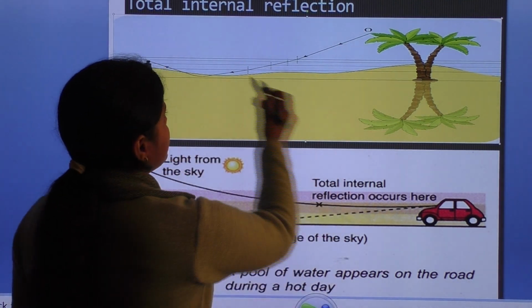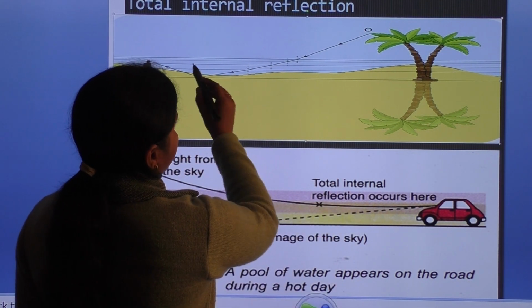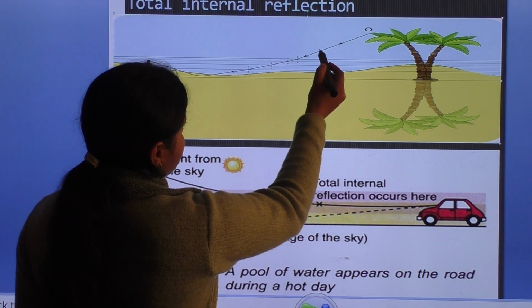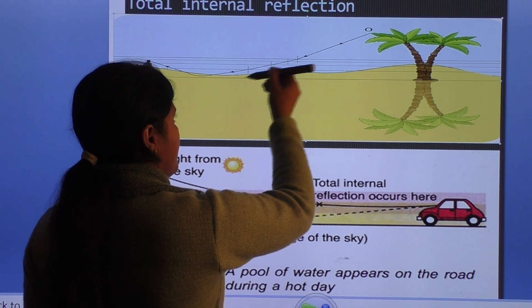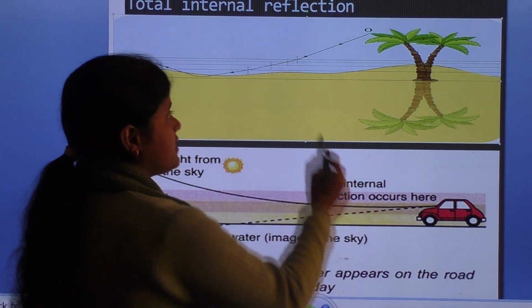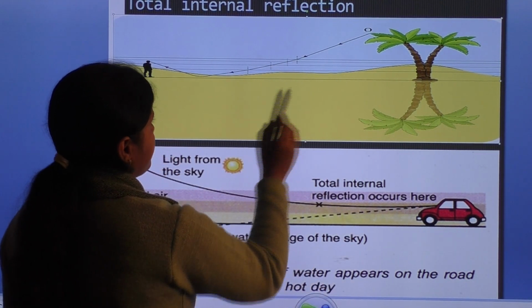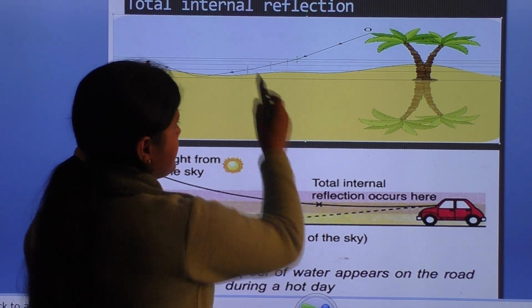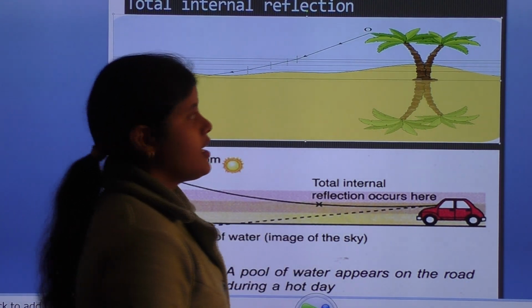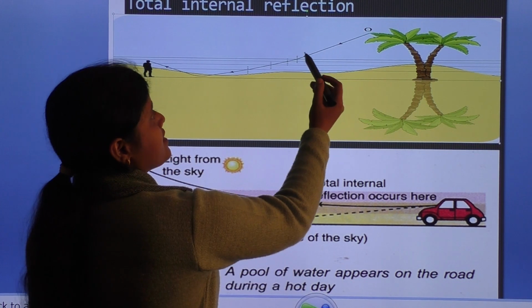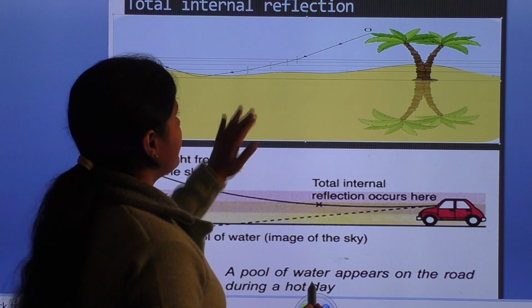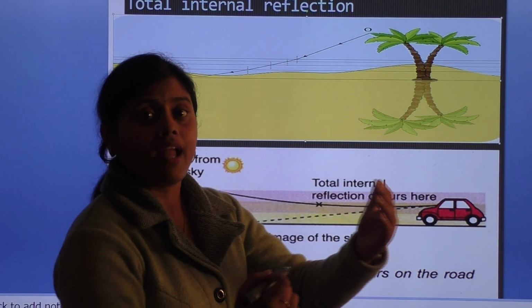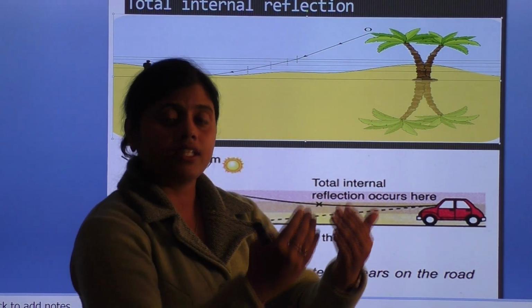You will see the density slowly decreasing as the light is coming downward. You can see a layer of air atmosphere here. I have drawn it through the line. That means the most dense air is here, then it is slowly decreasing, in such a way that the light will come from denser to rarer medium.